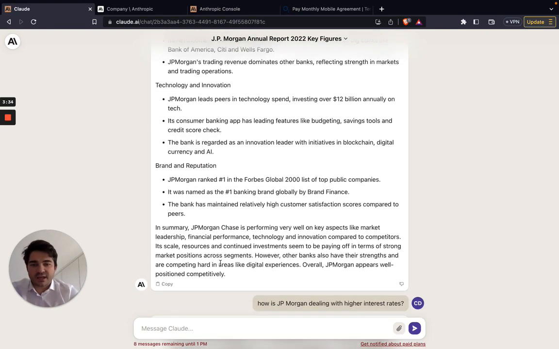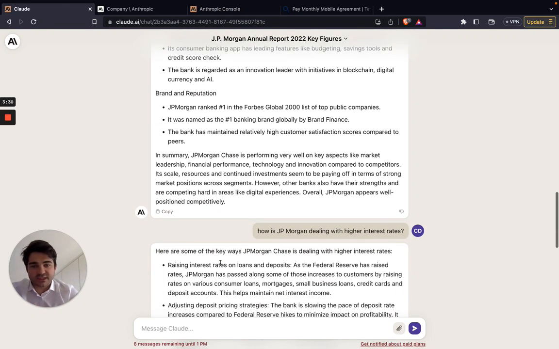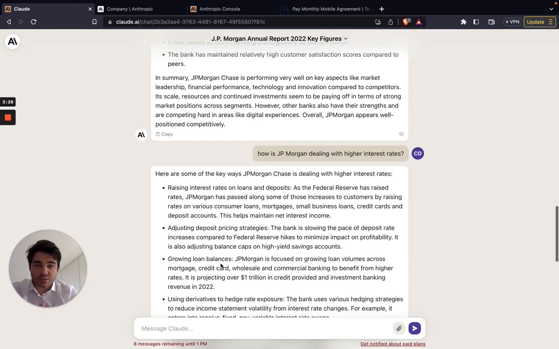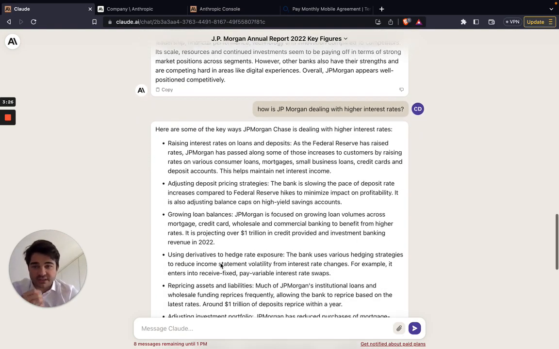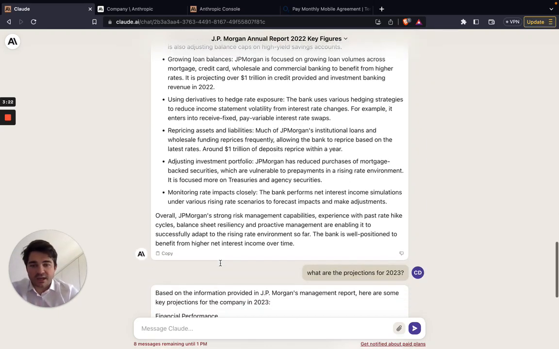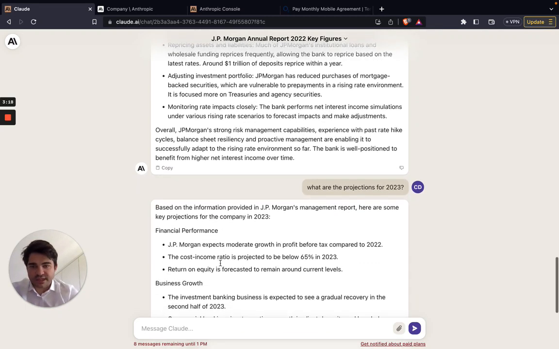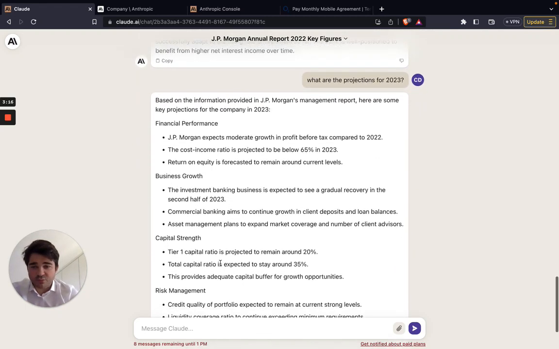And you can ask more specific questions, like how is JPMorgan dealing with high interest rates, and it comes again with key takeaways on how to manage this. Last but not least, what are the projections for 23, and it comes back with some growth numbers.